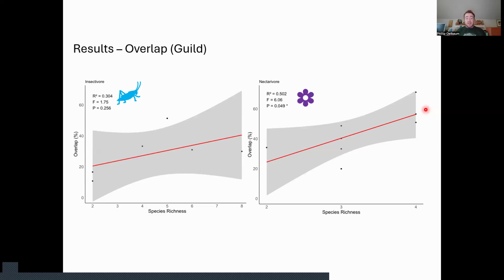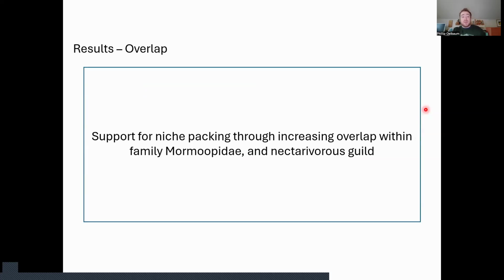So at sites where there's greater species richness, there is also greater overlap. This supports the idea that niche packing is through increasing overlap, which might indicate that they're sharing more resources and potentially competing more.